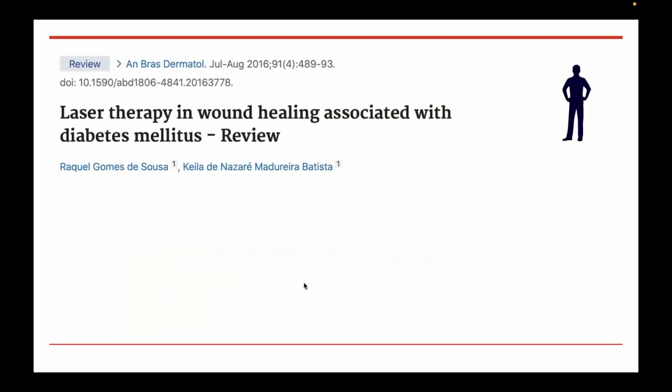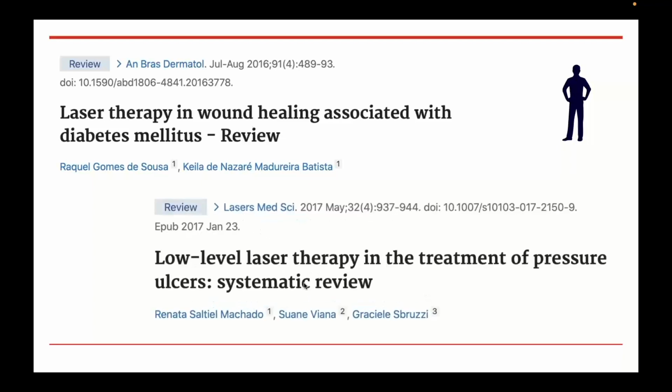Clinical studies in people with wounds also show positive results with the right parameters, including in 2 challenging situations in human medicine, which are diabetic ulcers and pressure ulcers, probably the 2 most common chronic wounds treated in people.